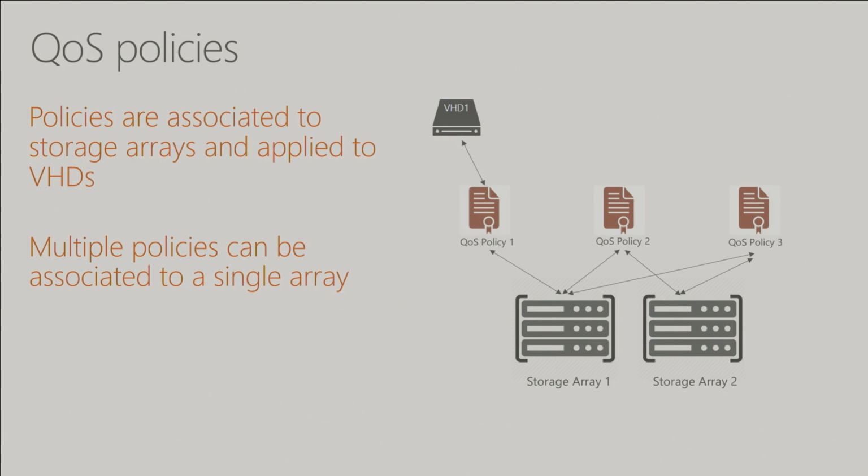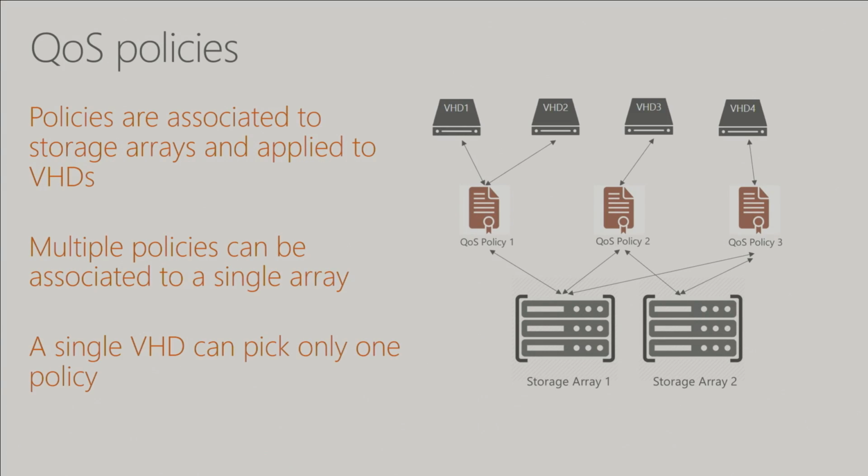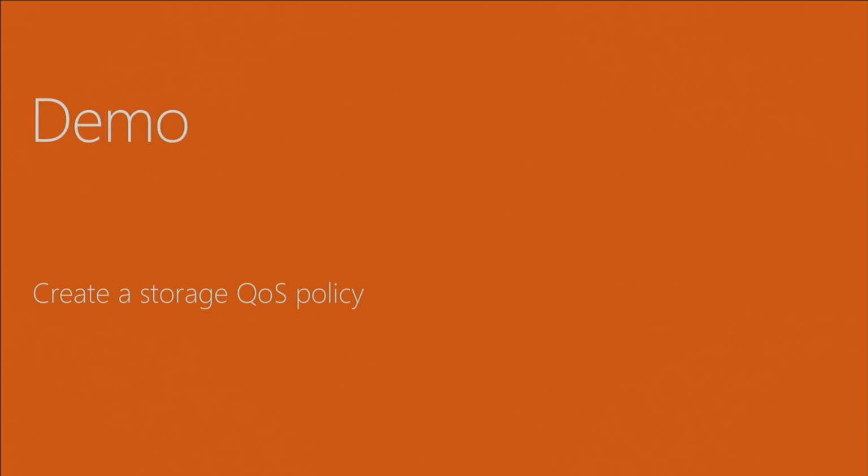You can associate more than one policy to the same array, or the same policy can be associated with more than one array. So basically, it is an M-to-N relationship. However, a single VHD can pick only one policy. Once you set this up, you create a VM as you normally would, pick the policy, and the policy will be enforced for you. Let's take a quick look.